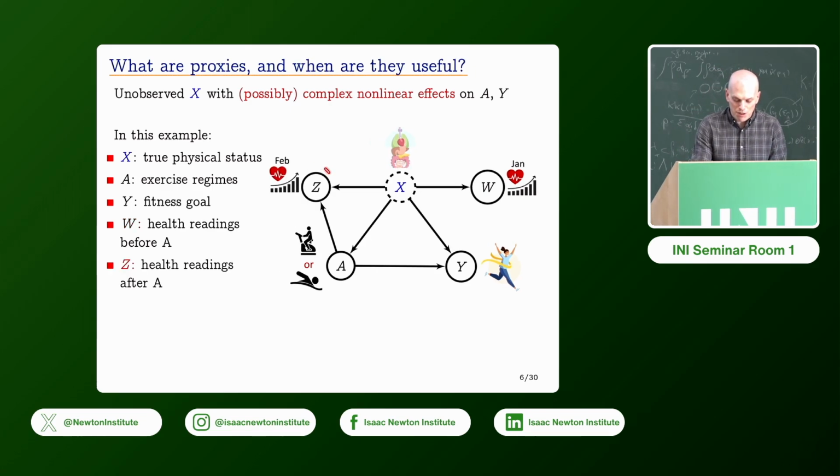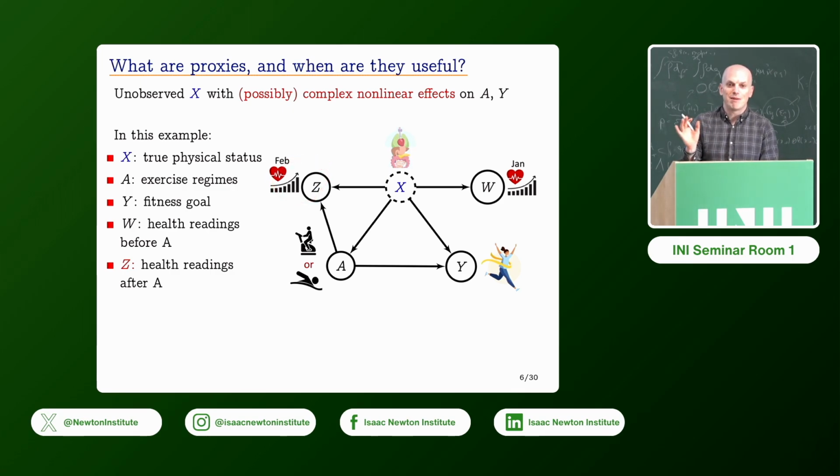Well, what if we also see the noisy view of X after the month of activity has happened? So I have my noisy view of X before the month of activity, and I have my noisy view of X after the month of activity. And it turns out that under some assumptions that we're going to get to, this noisy view before and the noisy view after the action A are sufficient to recover the causal effect of an intervention.